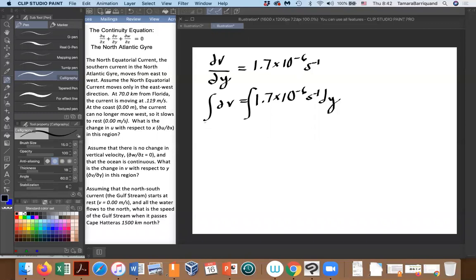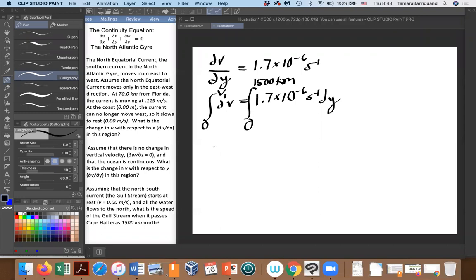So we're integrating from the point where the velocity is 0 meters per second, right at the coast, up to some velocity, let's call it v1. We're starting that point at the coast, which we defined as our 0 meter point, and we're going up to 1,500 kilometers. So we're increasing y 1,500 kilometers to the north.